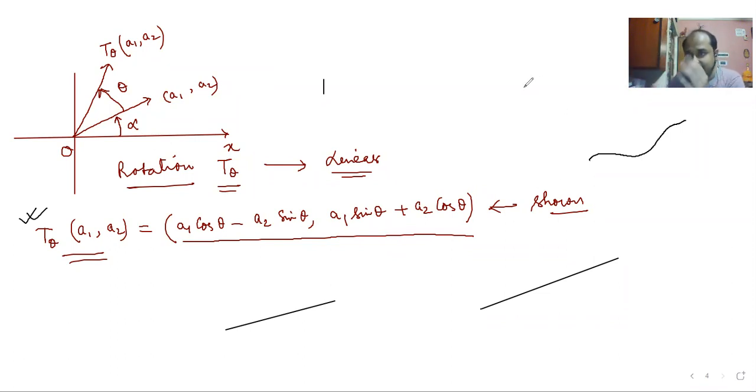Probably you have seen it. If I elongate it in any direction, rotate it and leave it, then it becomes curvilinear. So there the algorithm is different.